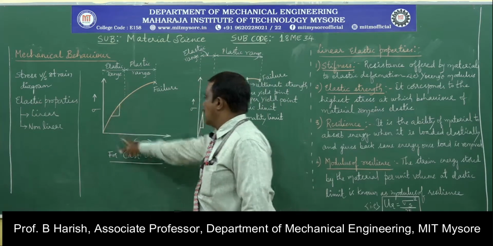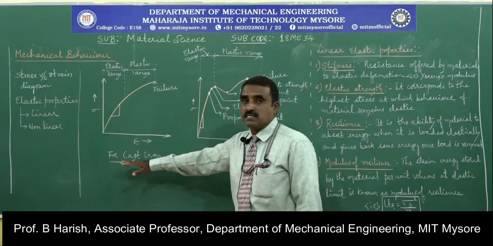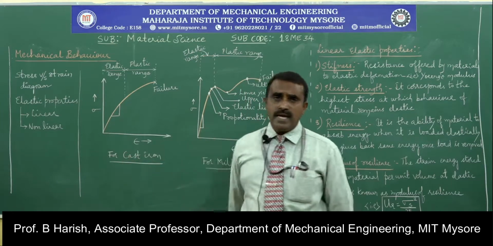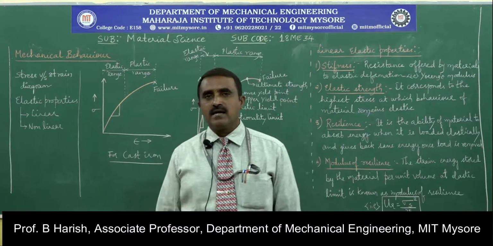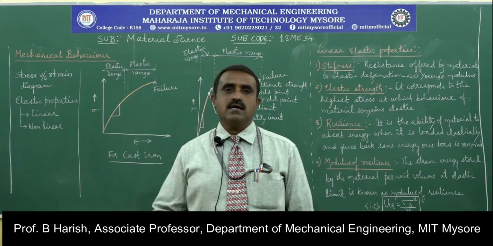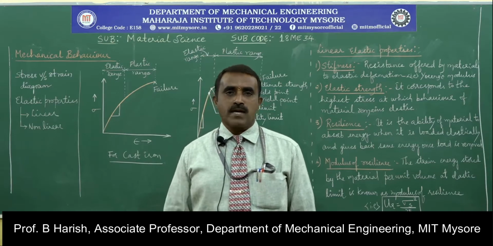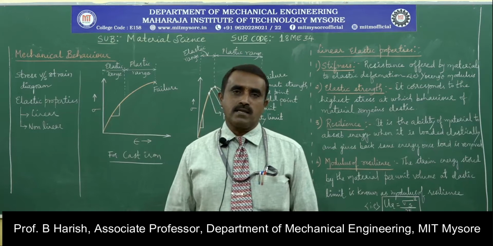This is the stress strain curve for cast iron, which is a brittle material. In materials, we can have two types, a ductile material and a brittle material. In a ductile material, we can see elongation with the application of load. A brittle material is one where the specimen suddenly breaks when we apply the load.